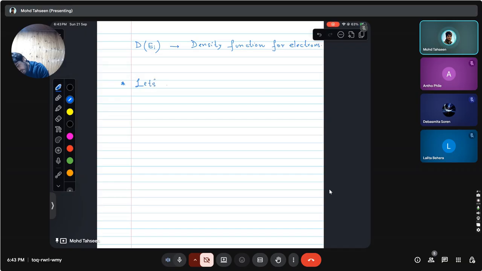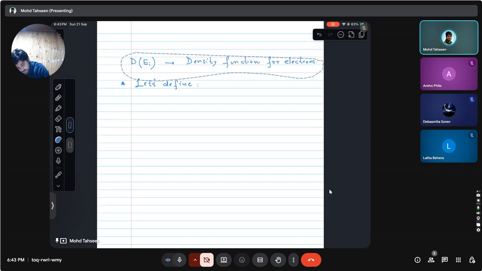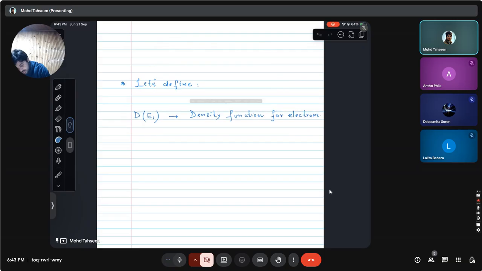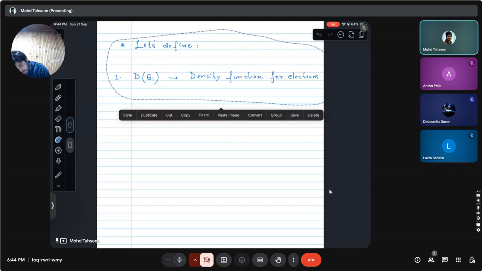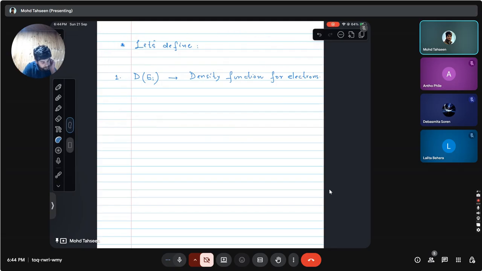So let's define, this is 1, the density function for allowed states.